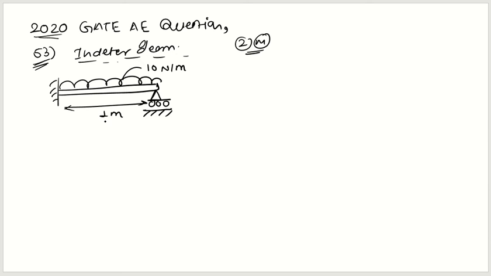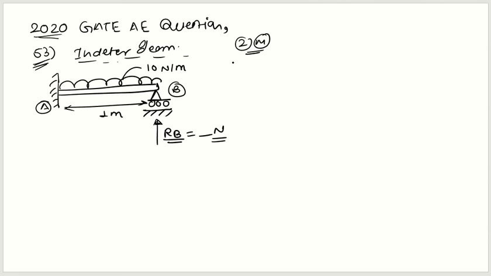So simply, they are asking to find the reaction at point B. This is point A, fixed, and this is point B, the propped end. They are asking what the reaction at point B is in Newton, rounded off to 2 decimal places. Many students face difficulties in solving indeterminate beams.